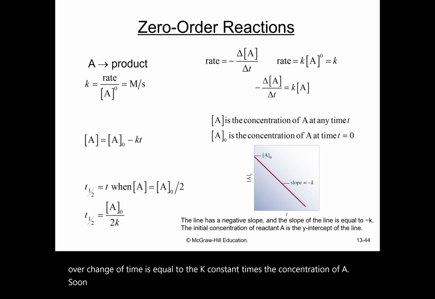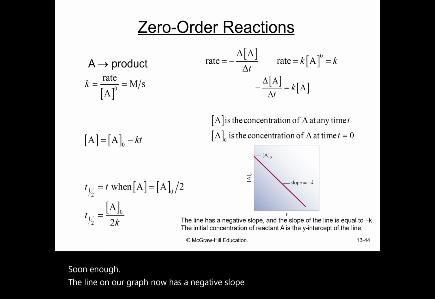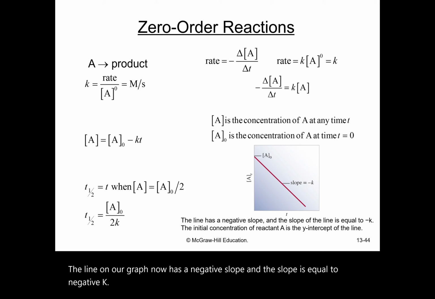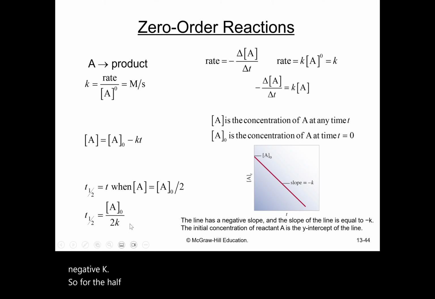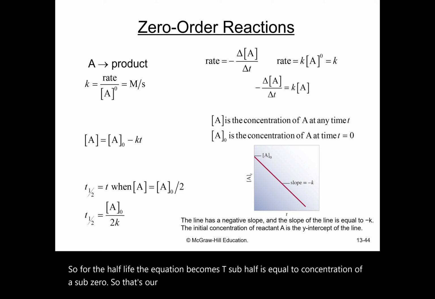So the line on our graph now has a negative slope, and the slope is equal to negative K. For the half-life, the equation becomes T sub half is equal to the concentration of A sub 0, so that's our starting concentration, over 2K. K is your constant.